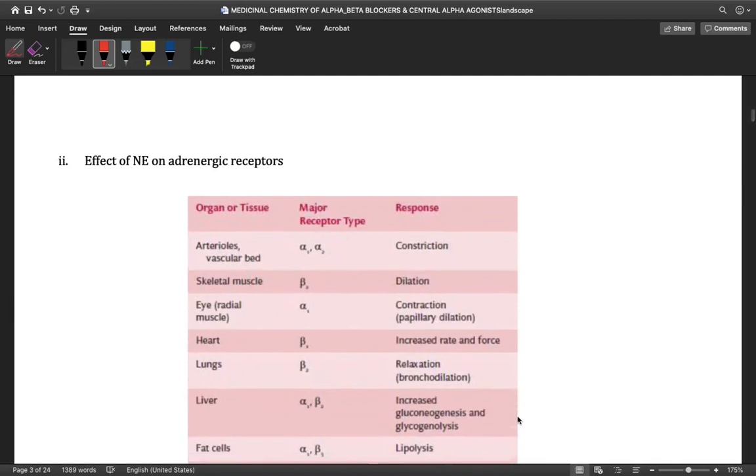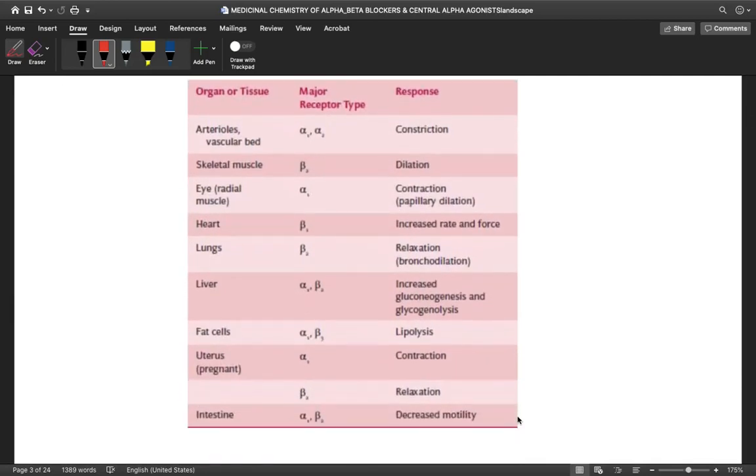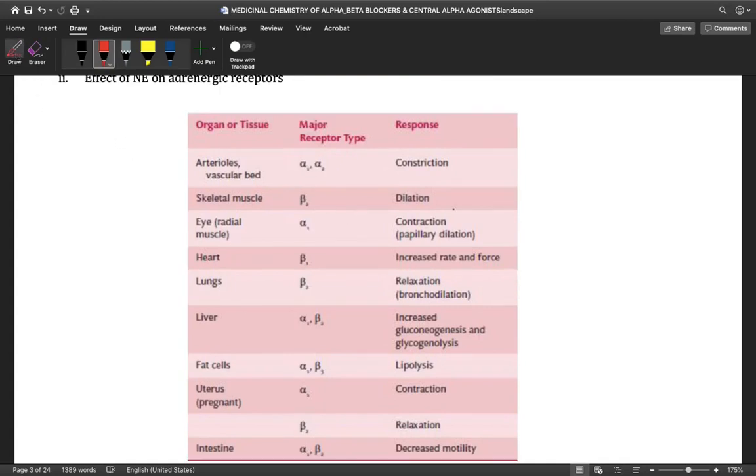Now, there are many different adrenergic receptors across the body, okay? And I want you to pay close attention to these adrenergic receptors, especially to those that can directly be targeted for hypertension therapeutics. So you have the alpha receptors in the arterioles and the vascular beds that, when targeted by epinephrine and norepinephrine, can cause constriction.